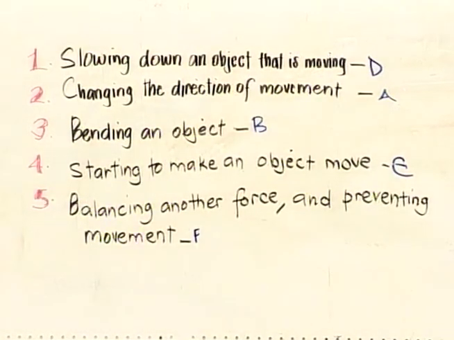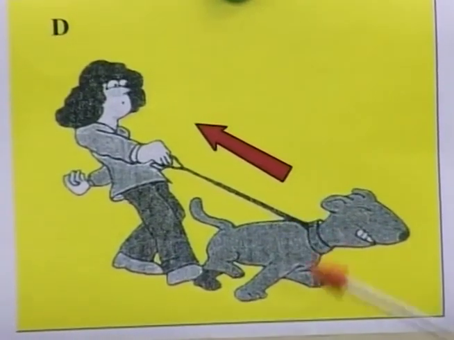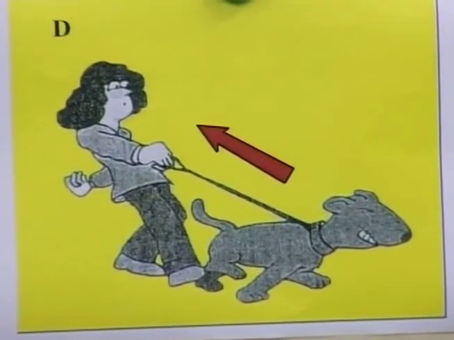Okay, class and receiving students, let's check their answers. Slowing down an object that is moving. The model class thinks that it's picture D. Receiving students, what do you think?